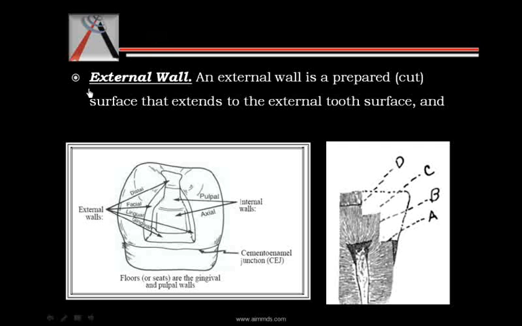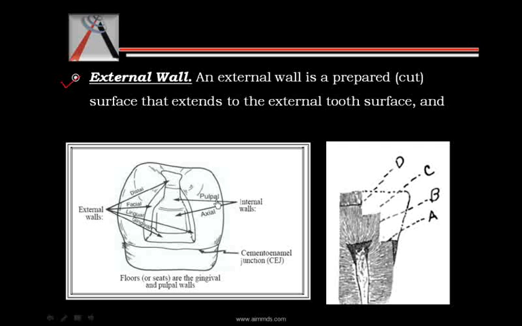Next we come on to the external wall. The external wall is a prepared or a cut surface that extends to the external of the tooth surface, as we have already seen over here. So now these external walls will be named according to the side on which they are present.